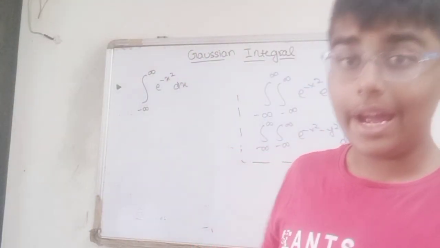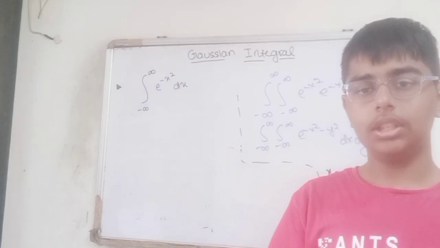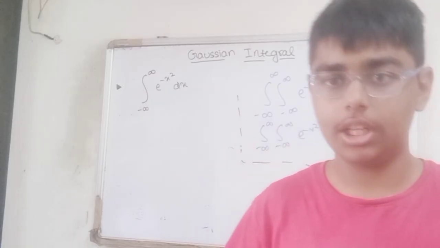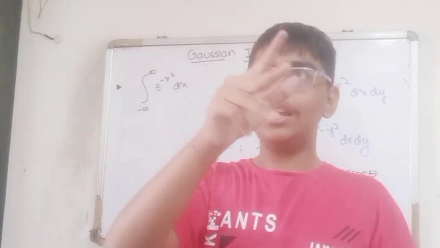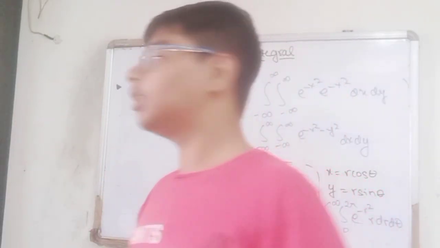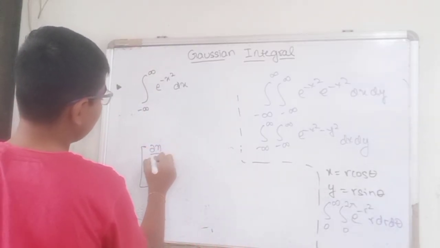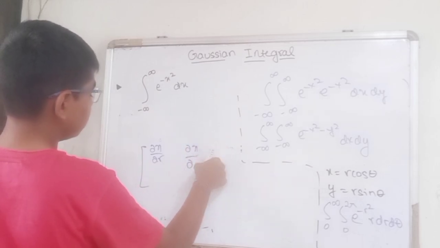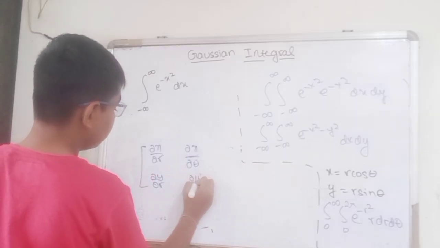So I've cleaned this up, and the matrix which I made, with cos theta, r cos theta, sin theta, minus r sin theta, is known as a Jacobian matrix. So what is the Jacobian matrix? We have a matrix with del x by del r, del y by del r, del x by del theta, del y by del theta.